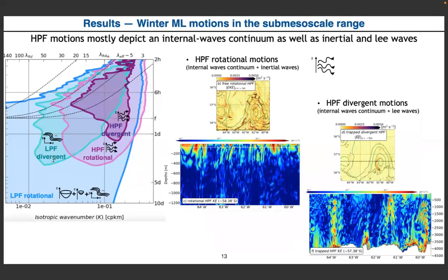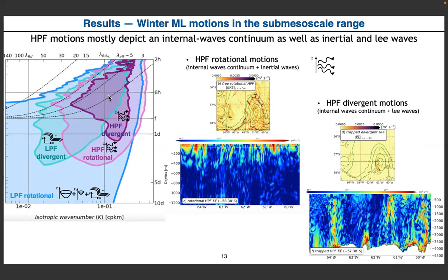The high-pass filtered motions mainly form a continuum at the lower end of the sub-mesoscale range. So it means that the main source of internal gravity waves in our model is the ocean internal dynamics, which results in a weak wave interaction forming the continuum. And that is in contrast with the direct forcing, such as wind, for example.